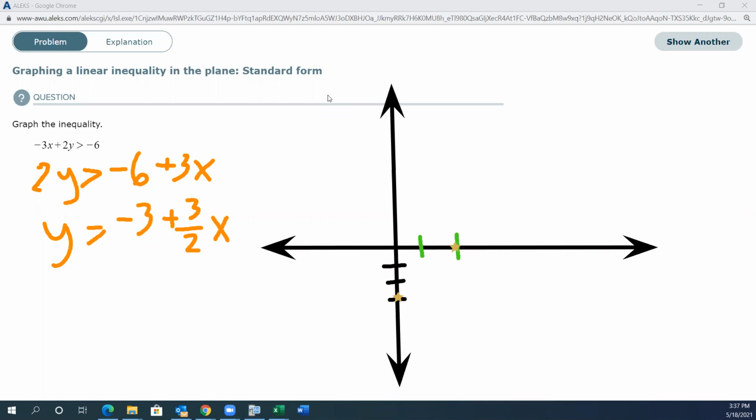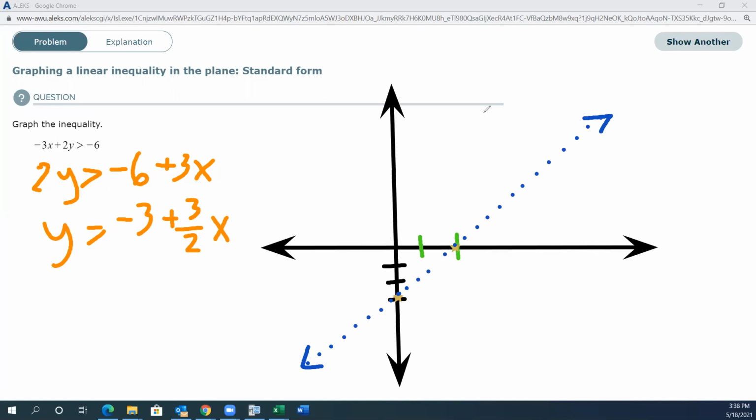But you'll notice that this inequality does not have the or equal sign. Therefore, it's going to be a dotted line. Wow, that's surprisingly straight, especially for me. The dotted line is like an open circle on the number line.